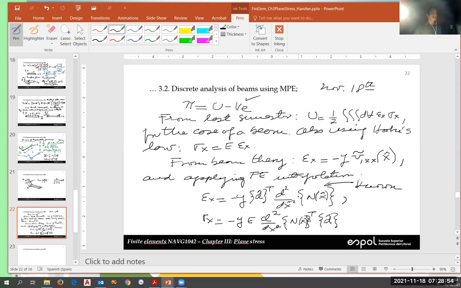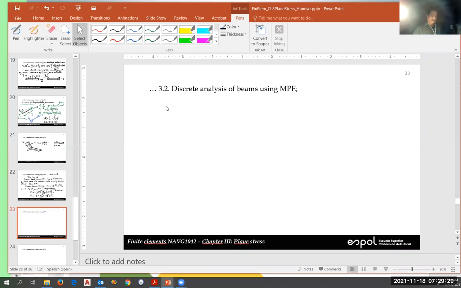Now, let's replace these two expressions. Let's take this, take that, and replace it into here and there. So we have how to calculate U, the strain energy, as a function of the displacement vectors.